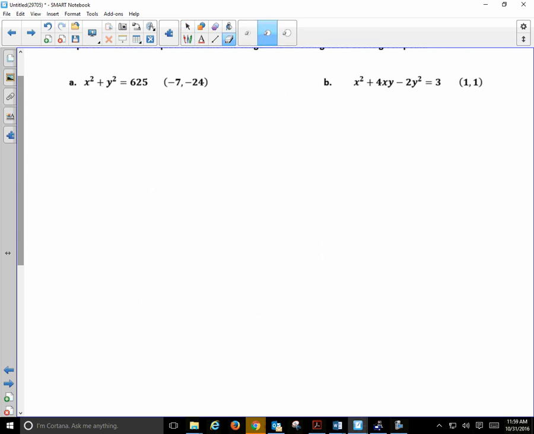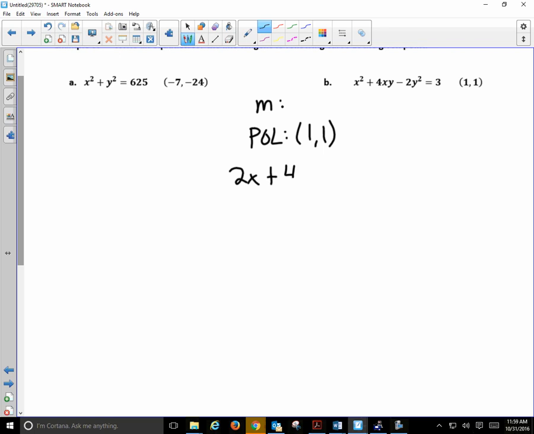And last problem. Point on line is 1, 1. Slope, take the derivative. 2x plus, product rule, 4y plus 4xy prime. Nice job, Dylan. Product rule.